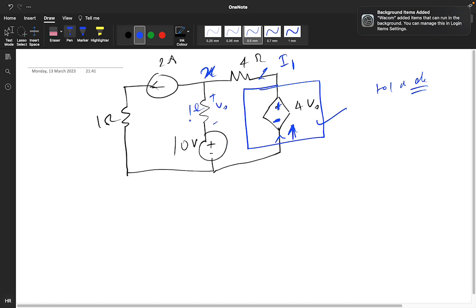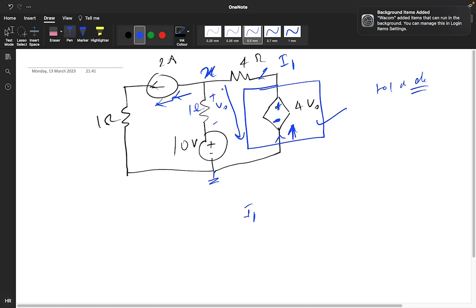See, apply nodal analysis. You have this branch current, you have this branch current. The net incoming current is I1. And what is the net outgoing current? The net outgoing current will be 2 ampere plus the current in the other branch.